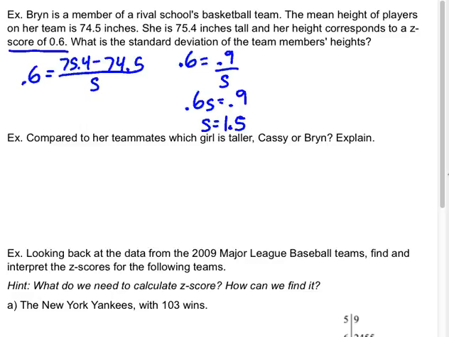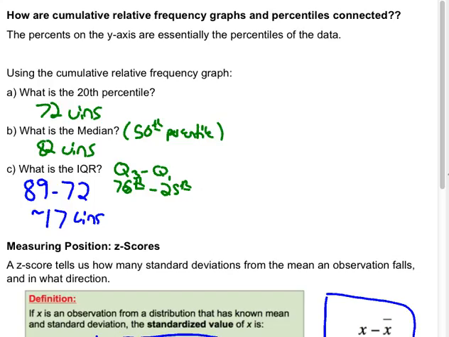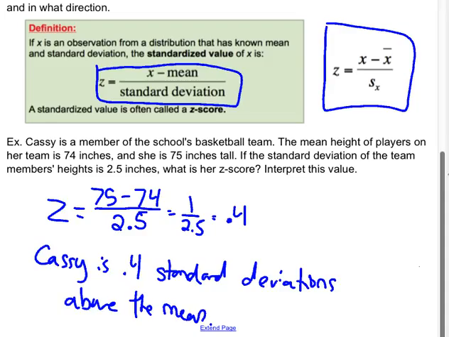Now, speaking of being compared to her own team, compared to her teammates, which girl is taller? Speaking literally, Bryn is 75.4 and Cassie is 75. However, there's a little bit more to it. Cassie is 0.4 standard deviations above the mean.